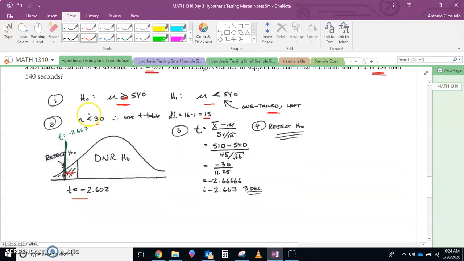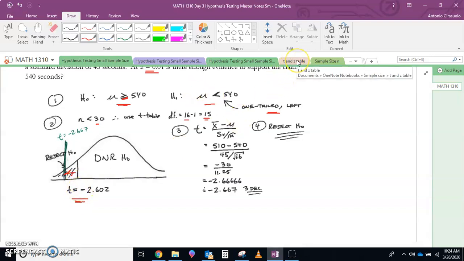And of course, one of the things we should ask is sample size less than 30 or greater than 30. In this case, it's less than 30, which means we use a t-table. With degrees of freedom of 15, there's 16 samples taken, and 15 is degrees of freedom. So we go to our table, and we're going to find the critical value, the threshold here.